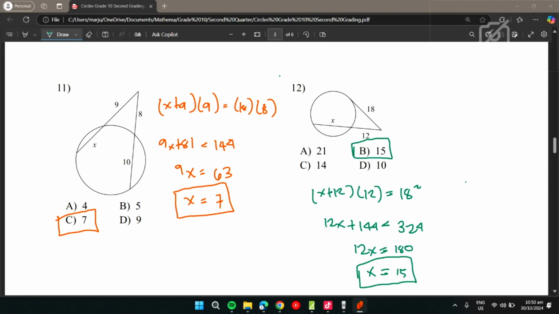So, 4 to 6. Extra ko yan. I will upload this one sa classroom para hindi ko makalimutan. And then you will have a copy kung gusto nyo mag-review on this one. Second grading, right? The circle, second grading. And what's the file name?